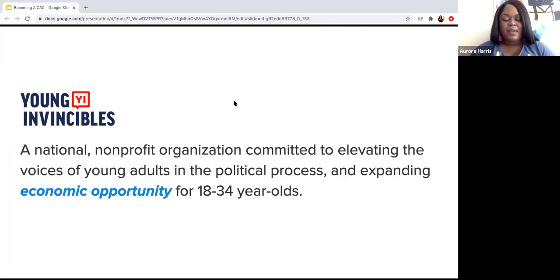A huge part of economic opportunity is healthcare access, and making sure young people aren't swamped in medical bills and have access to the healthcare they need so that they can live, thrive, and be economically stable. So I'm really excited to continue the legacy of being a CAC in one aspect and now doing things on the policy and organizing side around healthcare, particularly here in Houston and in Texas.